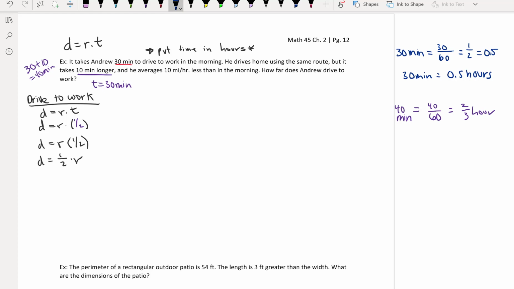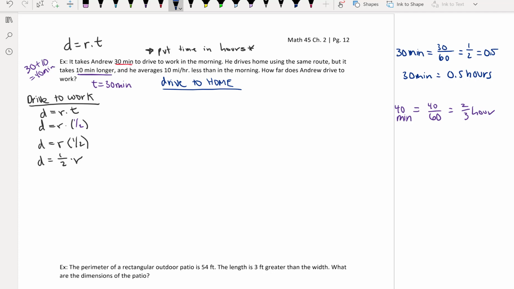Okay. Now, we know some other things. We know the drive home. So the drive back home, it says he drives home using the same route, so that means the distance is going to be the same, but it takes 10 minutes longer, okay?